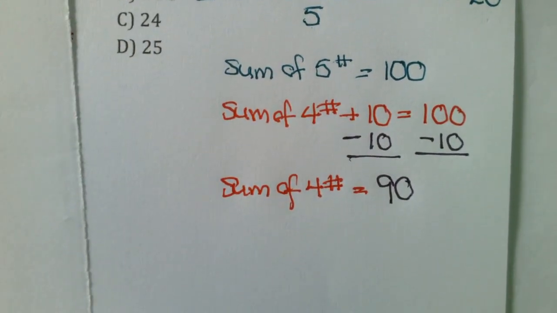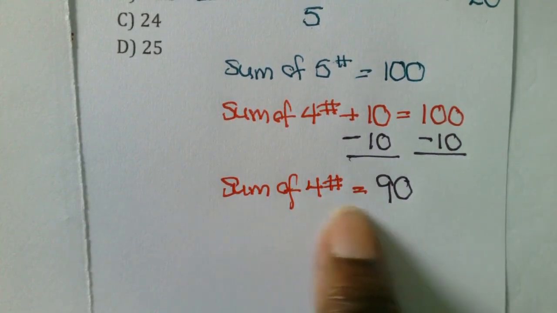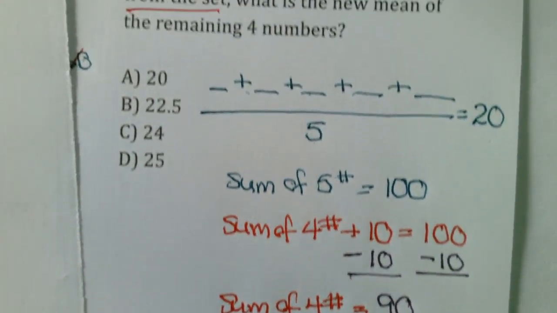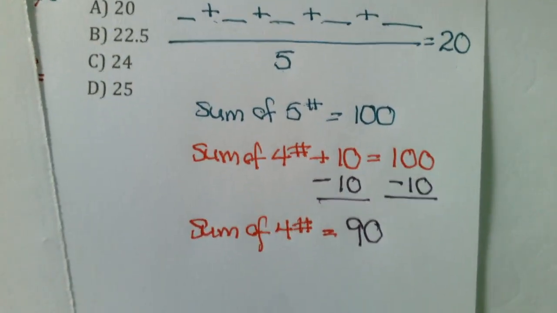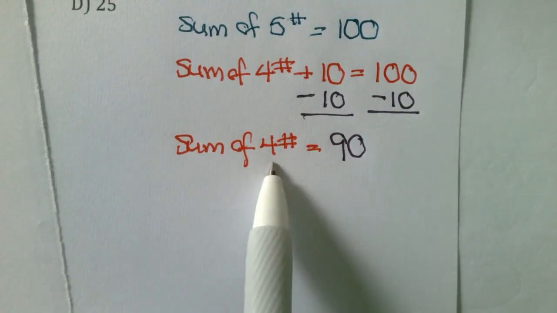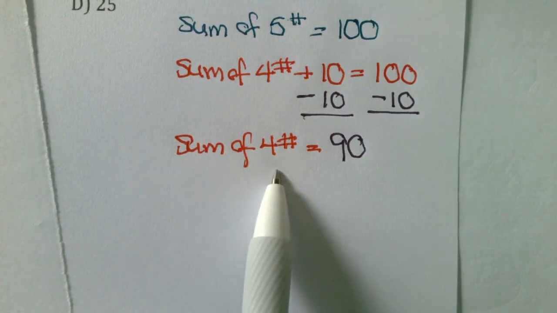All right, there you go, my little house thing. So since we don't know those unknown numbers, but they're saying, what is the new mean? Well, in order for me to figure out the mean, I have to divide by how many numbers I have in my data set, which is 4.